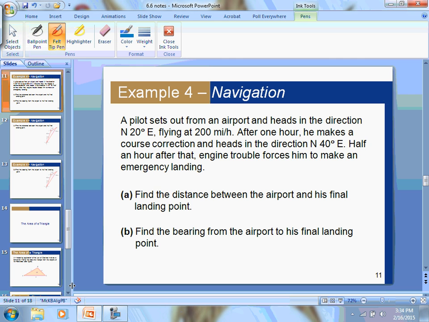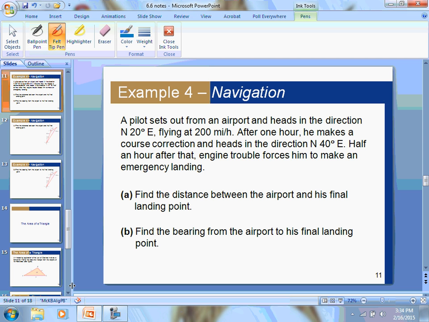So a pilot sets out from an airport and heads in the direction north 20 degrees east. So he was going straight north and then he went 20 degrees in the direction of east. Okay? And he's flying 200 miles per hour.